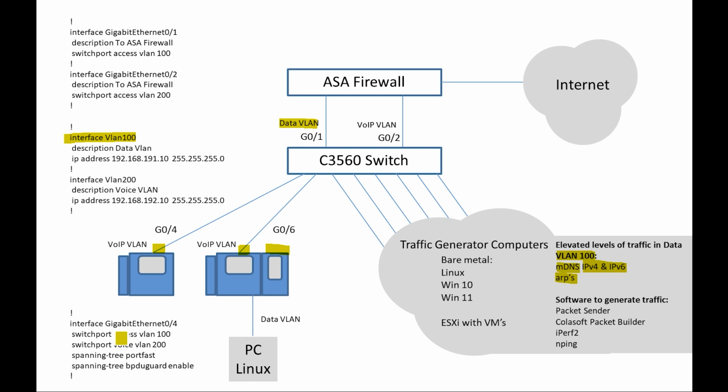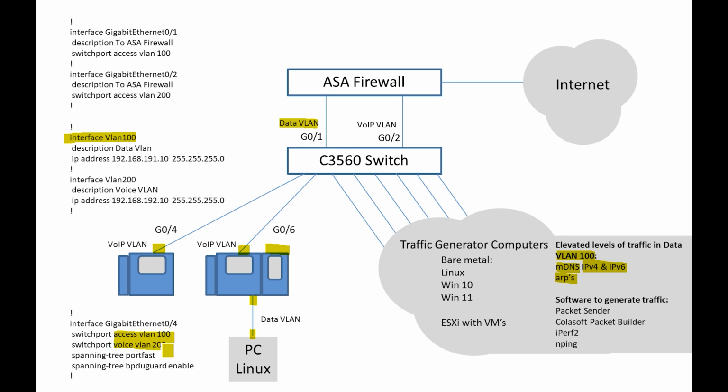The access for data VLAN is VLAN 100. So if you were to plug a PC into this phone, as I show right here, it would become part of VLAN 100, and it would be able to do its normal transactions: internet browsing, email, printing, etc.